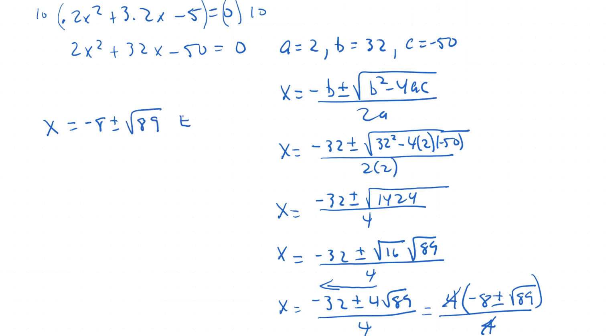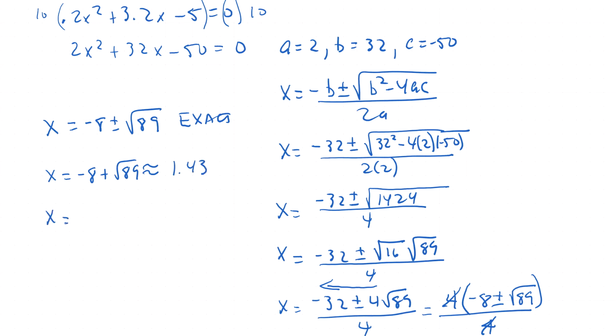Okay, so this is an exact answer, and we want it as an approximate. So x equals negative 8 plus the square root of 89, and that is approximately negative 8 plus 9.43, which is 1.43.